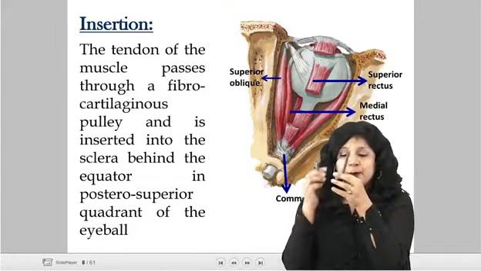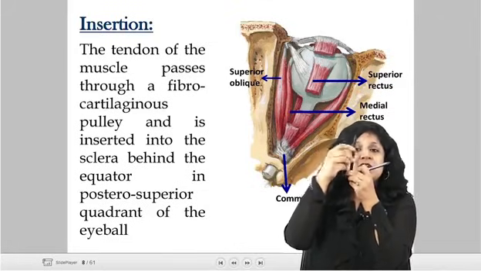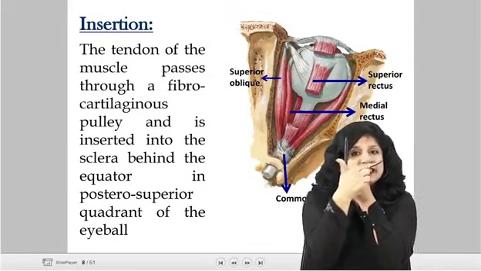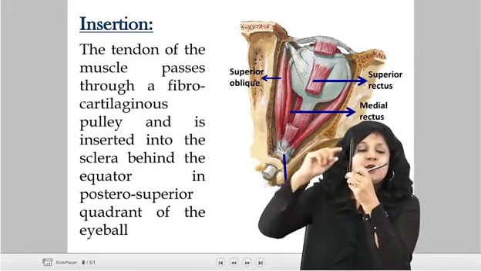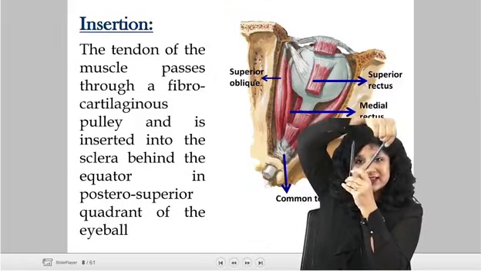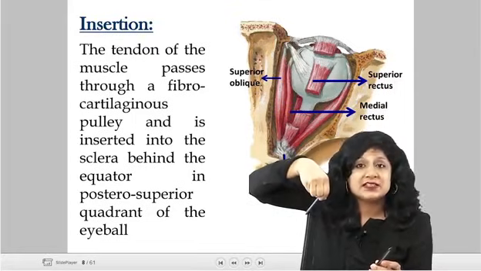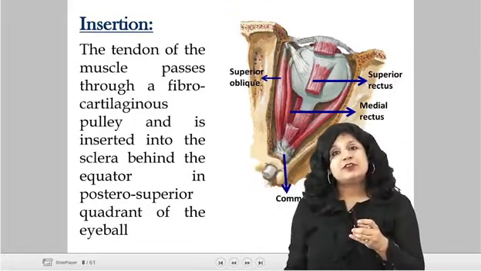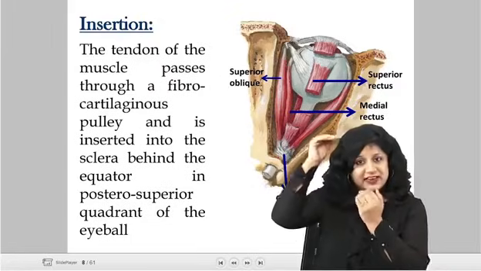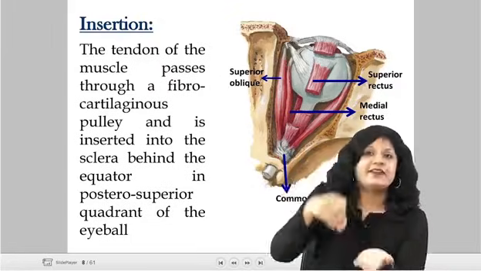So if this is an optical axis and this is a large axis at which the oblique muscles are inserted medially 51 degree, what is happening? They are going and inserting like this backwards. So they are coming posterior to the equator in the sclera. While what was happening with the rectus muscles, they were coming anteriorly and inserting into the sclera straight.